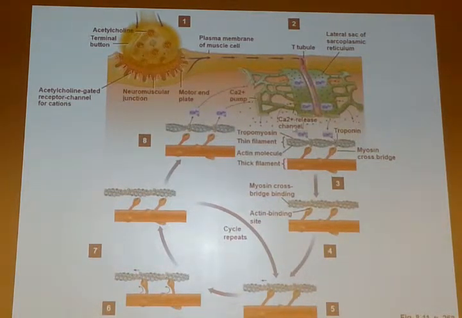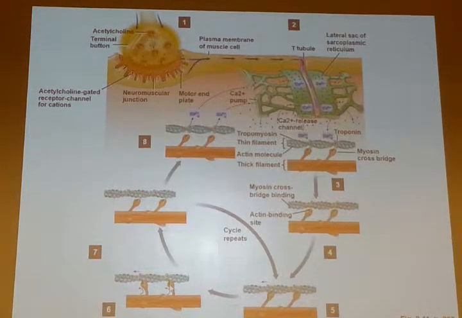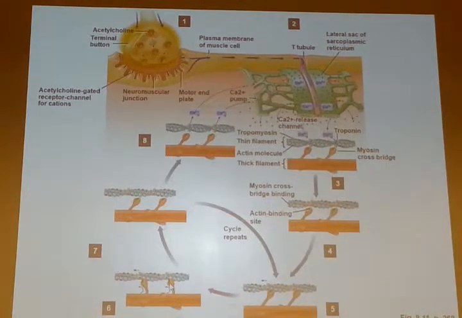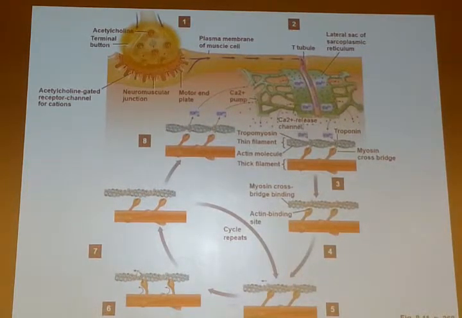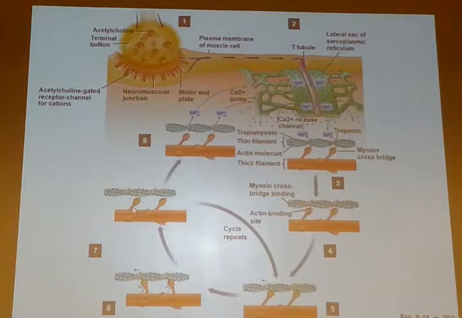So calcium released binds to troponin C, moves tropomyosin off the binding site, and myosin's head attaches, flexes. When it flexes, then Pi comes off, ADP comes off, new ATP binds, the myosin detaches.